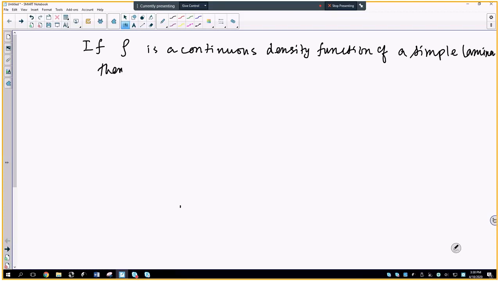Then the mass is given by m equal to the integration of this continuous density function rho, a function of x and y, with respect to the area of this lamina over the region R.